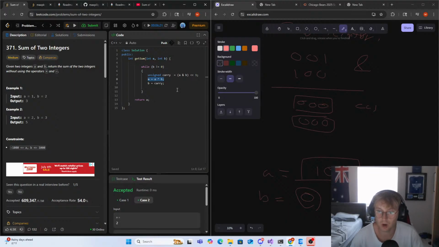I'm still confused why we are left shifting. I think I'm going to ask GPT why I am left shifting, because that's the only thing I'm confused about here. If someone in the chat knows why we are left shifting or could explain it, I'd appreciate it. But are we left shifting in 371, sum of 2 integers?